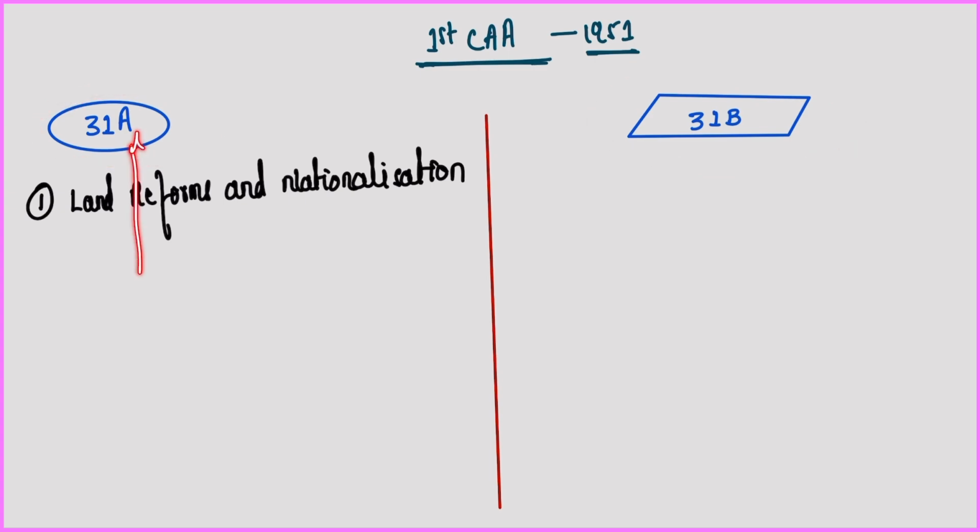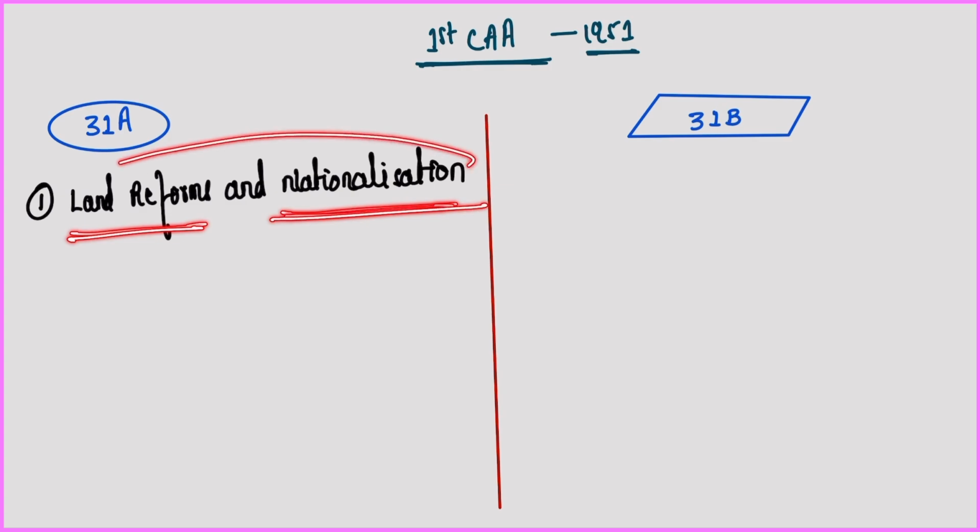Now, what did 31A say? If you go and read Article 31A right now, it says one important thing: if any act is taken for land reforms and nationalization of resources, then these two types of acts cannot be challenged in any court for violation of Article 14 and 19.